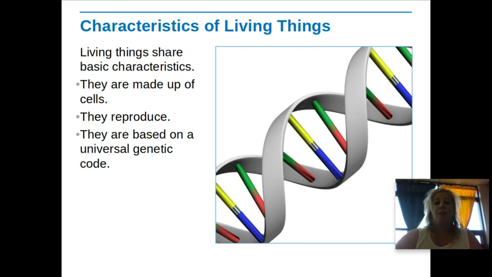Characteristics of living things. There are several things that consider organisms living. Living things share basic characteristic structures. They are all made up of cells. They reproduce.